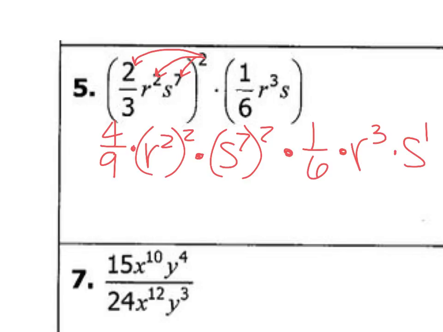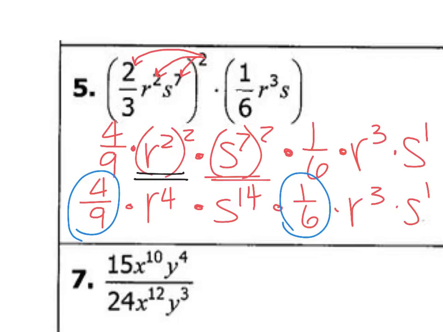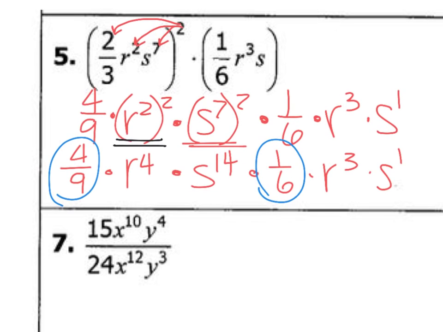Then we want to keep simplifying. This right here is going to simplify to r to the 4th. This right here is going to simplify to s to the 14th because we multiply those exponents together. Then we've got 4/9 here, and keep bringing everything else down. Now we just want to combine like terms. So 4/9 times 1/6, we multiply straight across, and we get 4/54.